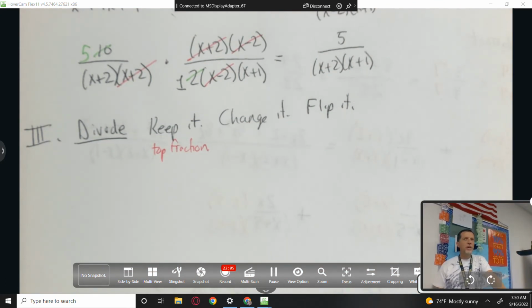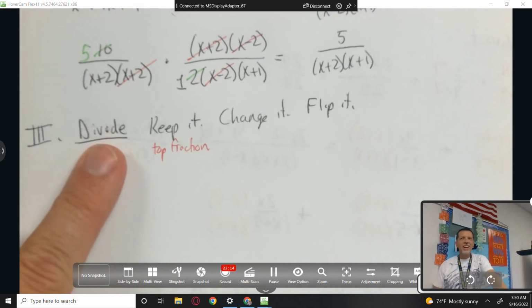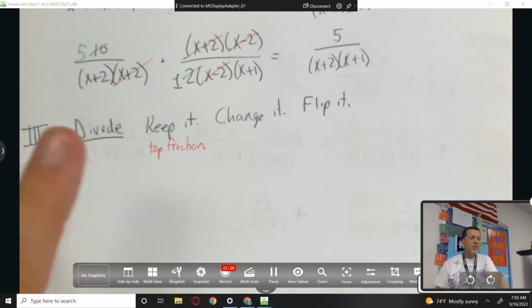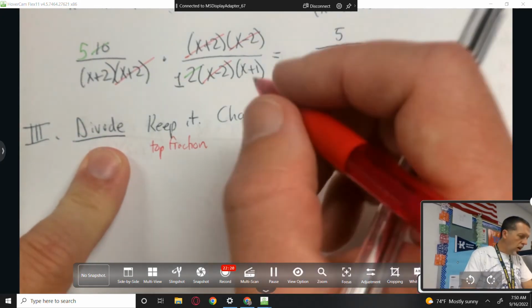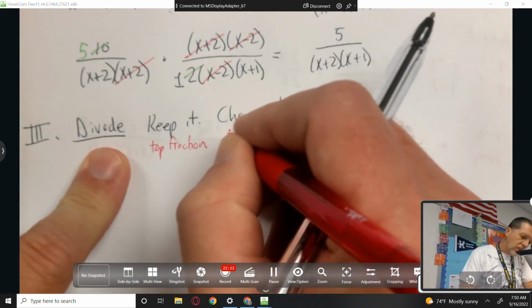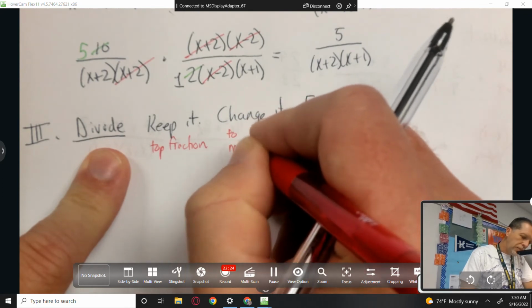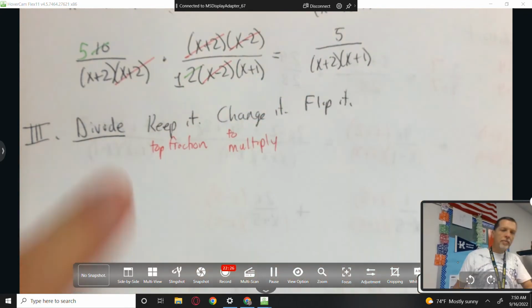From what to what? No, but you're on the right track. Yeah, division and multiplication. It looks like a divide problem, but we're going to change it to multiply. I'm going to make it a multiply problem.